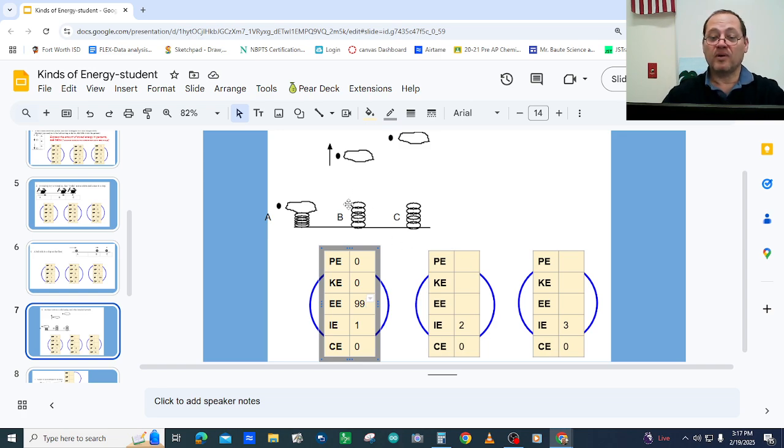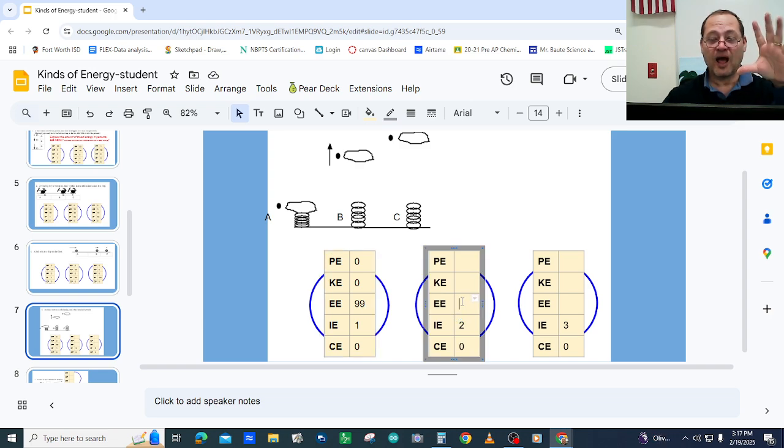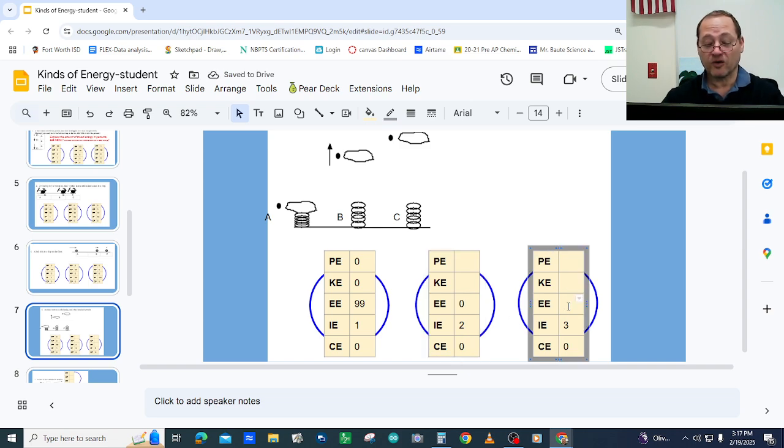If you look at point B, you have an arrow telling me that the object is already moving up, and you can also see that the height of the object has increased. Since the spring is completely relaxed, there is no more energy stored in the spring for B and for C. Okay? The spring does not do anything else.